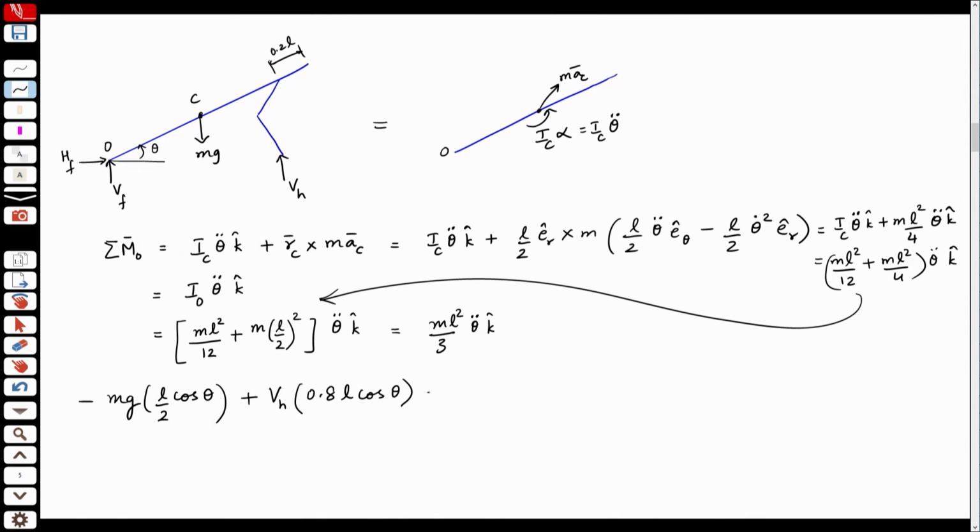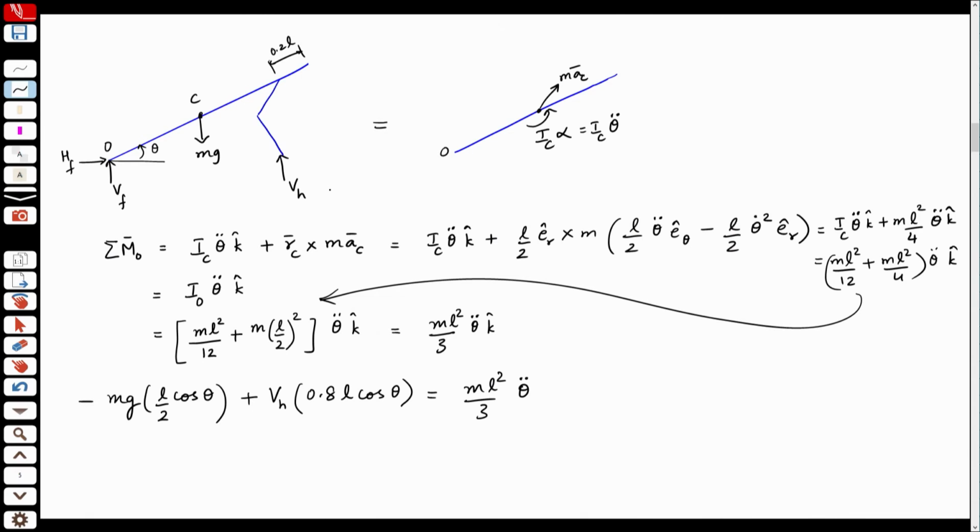So, this is equal to m L square by 3 theta double dot. If I know the time variation of theta, how theta is varying, theta, theta dot, theta double dot, which can be determined experimentally, then I can solve for the reaction force at the hands.